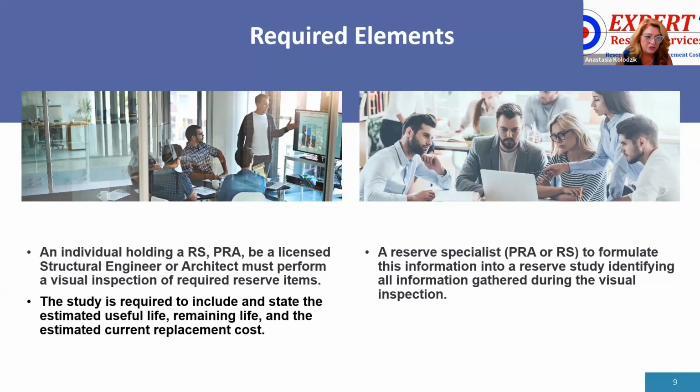A PRA, which is defined as a professional reserve analyst, which is earned from the Association of Professional Reserve Analysts. A licensed structural engineer under 553899 or an architect must perform the visual inspection. Now, one of those four people has to perform the visual inspection.